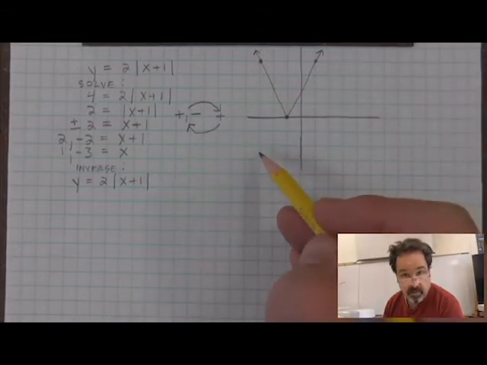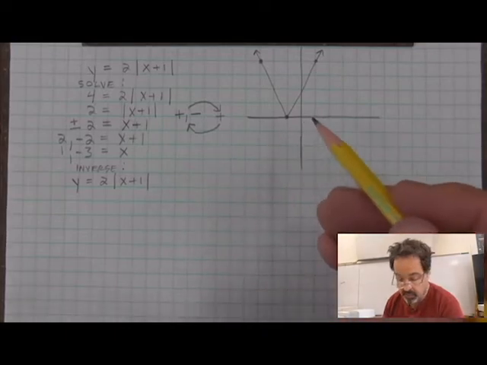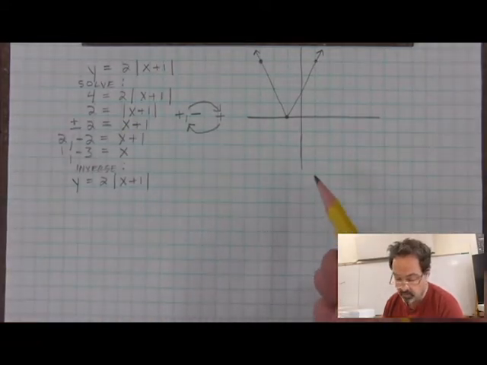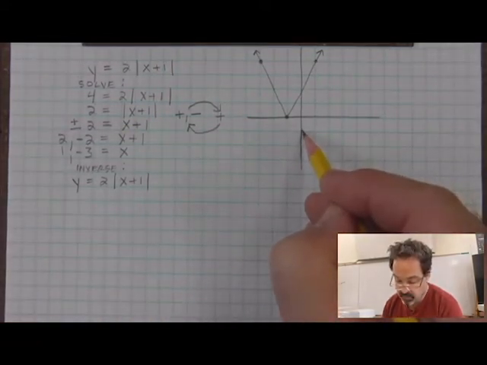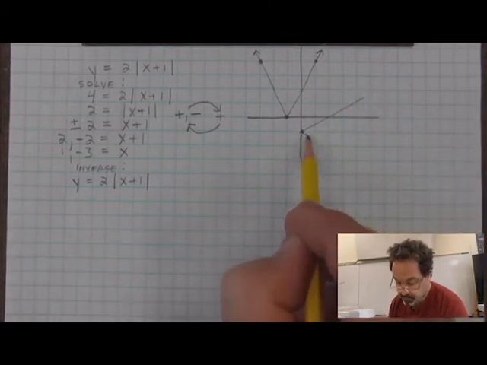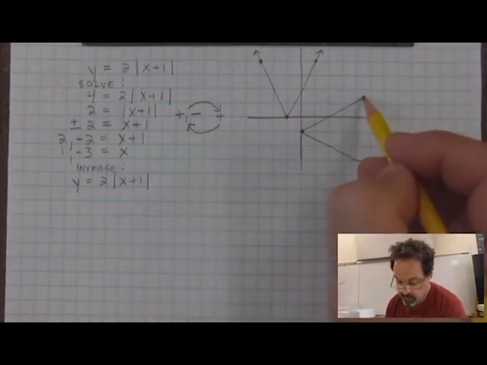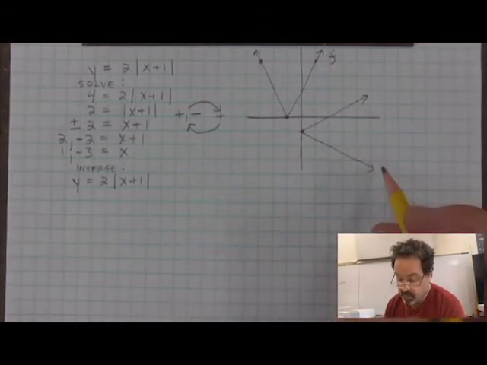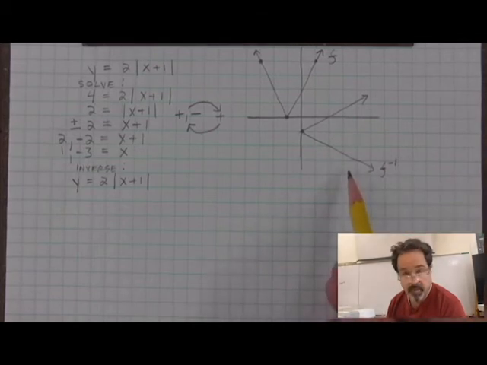That perfectly oblique line. If we can visualize reflecting this function across the line y equals x, it's going to look like this. If we called this the f function, then this is what the inverse is going to look like.